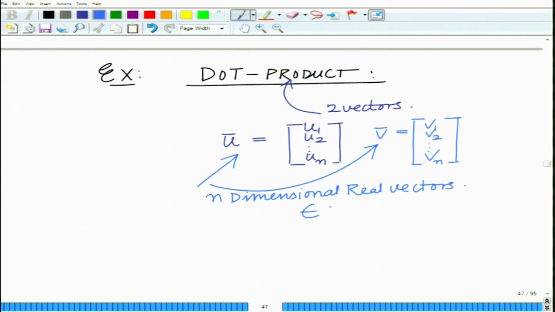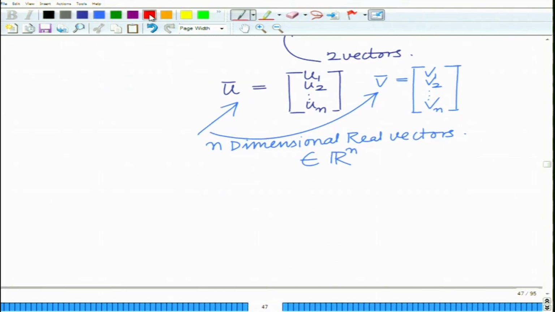That is, you can say that they belong to the space of n dimensional real vectors denoted by this bold R to n, which is also termed as the Euclidean n space.